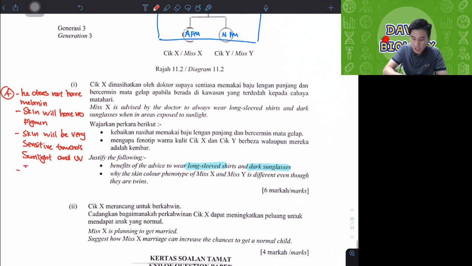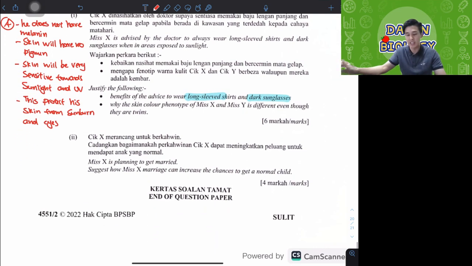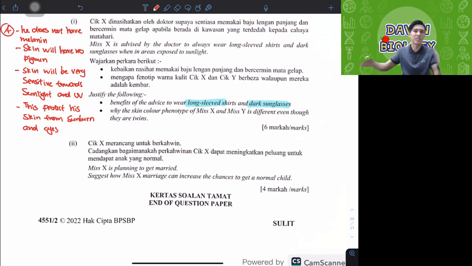So therefore wearing this will protect his skin from sunburn, and eyes also. Eyes usually, same thing, your eyes will have glare and then you damage your eyes also. So you want to protect your eyes also.